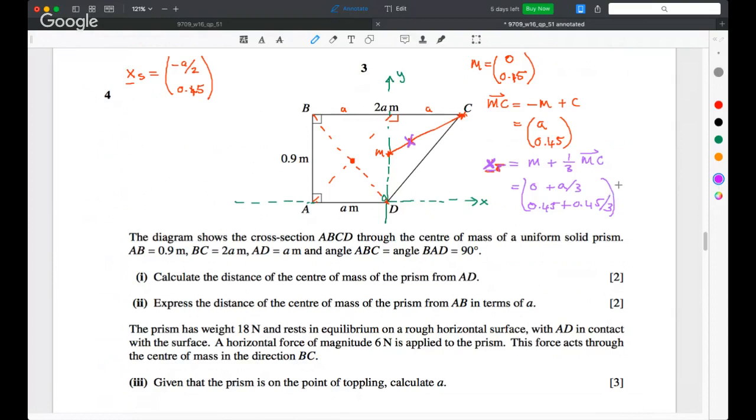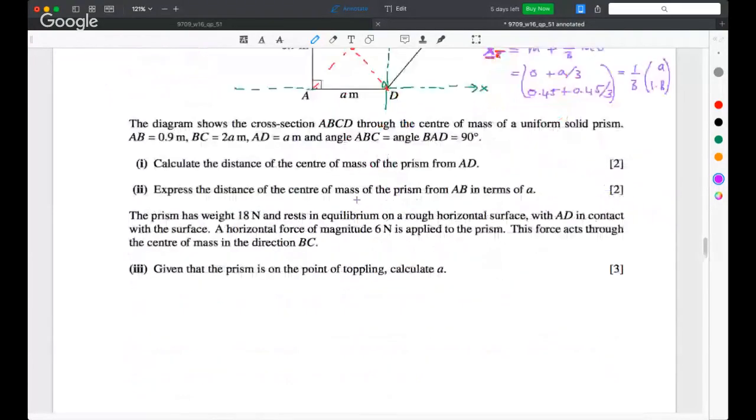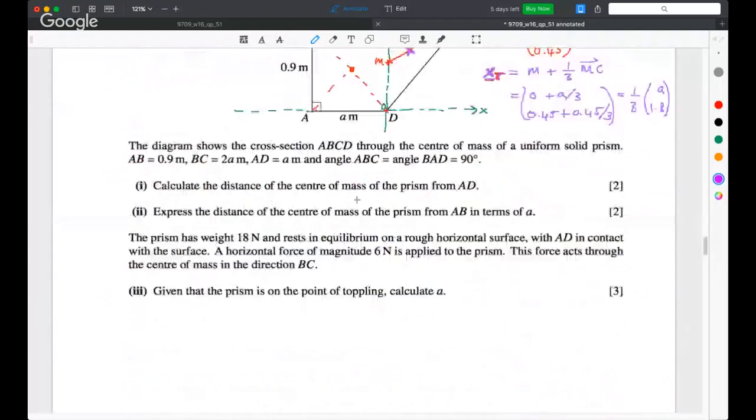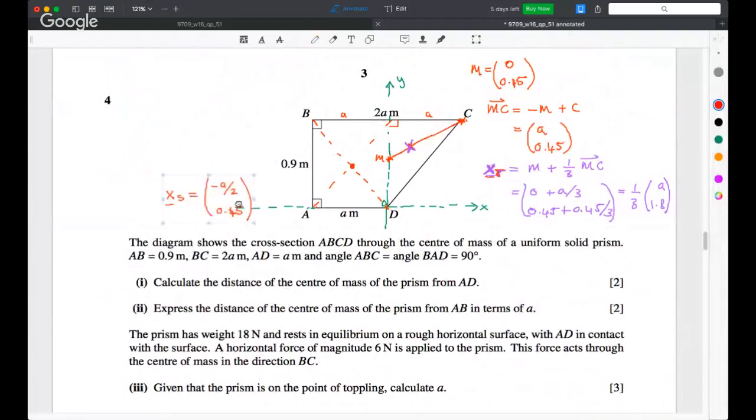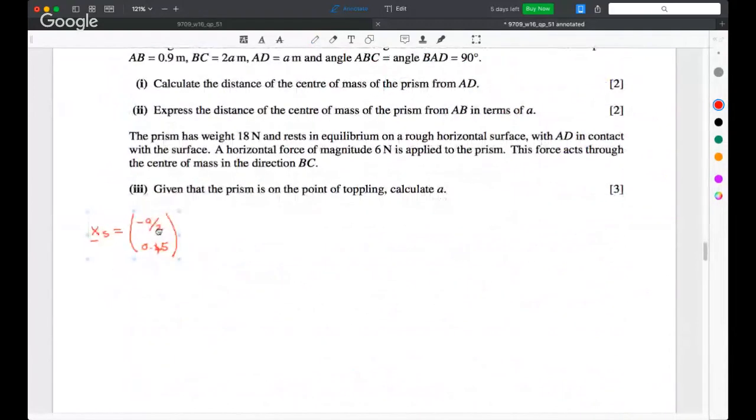And I'm going to write that as 1/3 A, 1.8, taking the third out. Okay, so that's all we need to get the center of mass of the entire object. So let us copy these down here.